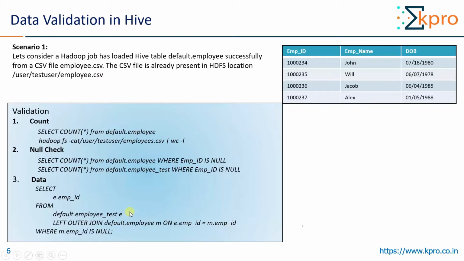So it will return the records which are not loaded to the table. If there is any, then it is an issue, and this needs to be informed to the developer.